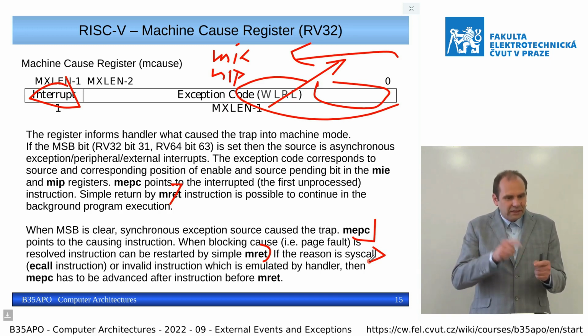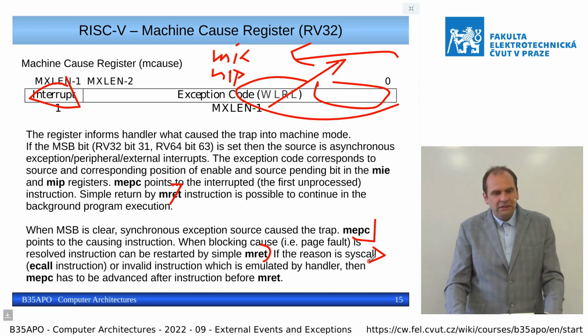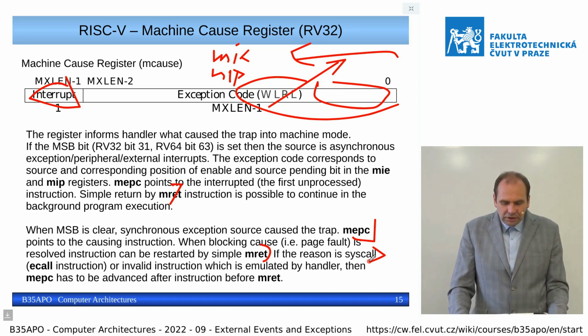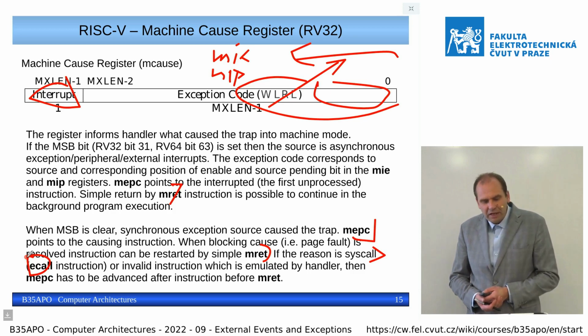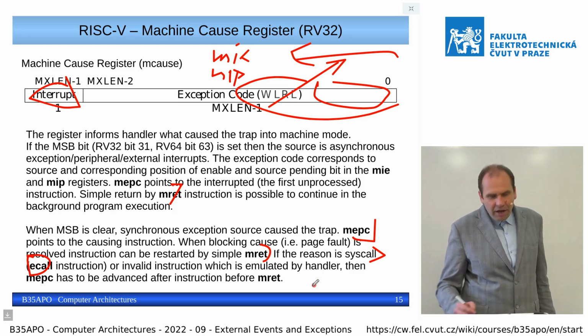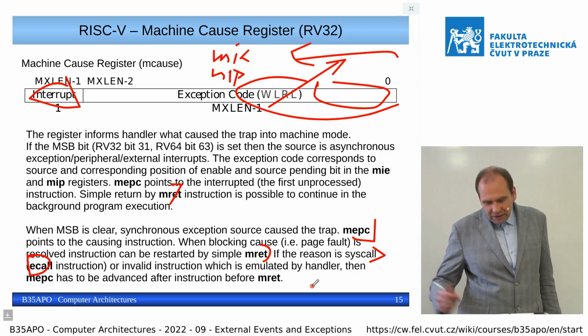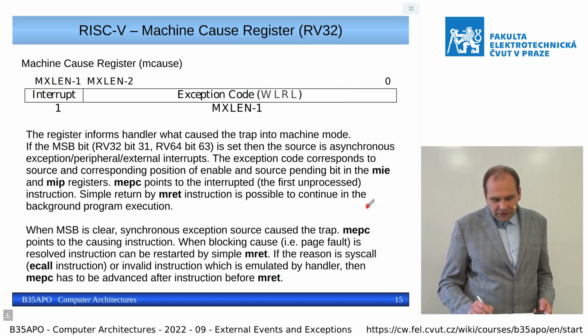So in this case, if you process the syscall, you want to continue with the next instruction after the syscall. In RISC-V it is called ecall, environment call. Then in such a case, you need to somehow advance EPC to point after the instruction causing the exception processing. Okay, so these are the registers.